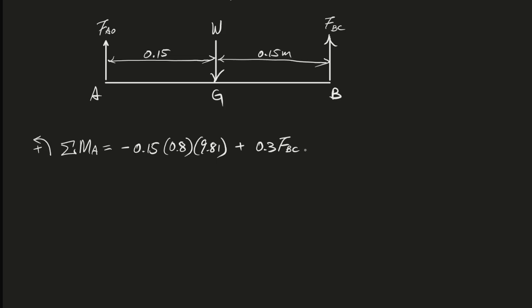On the other end, I would drop the line, say I of A is equal to 1/3 ml squared.